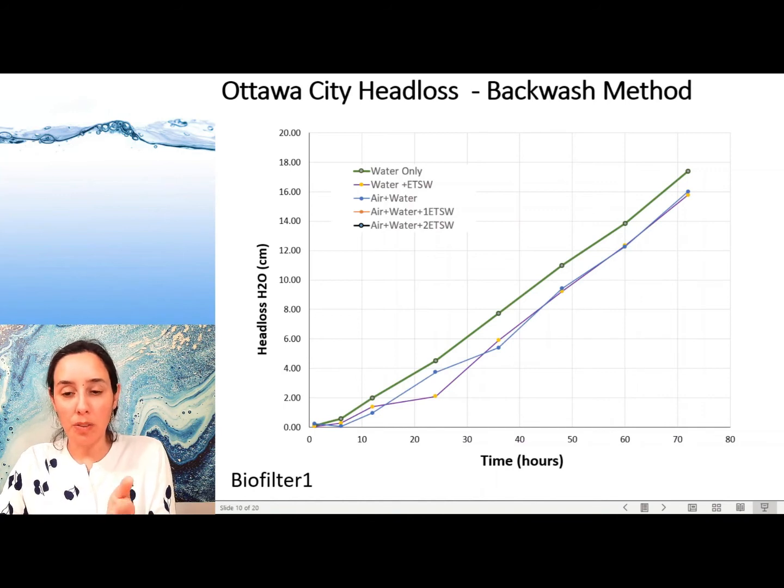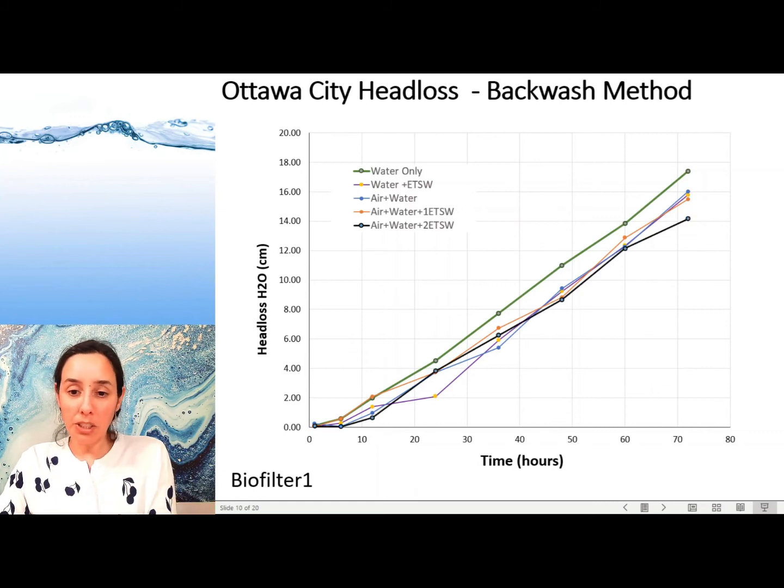And then here we've got air plus water in the system, the same removal. And again, when we have air and water and one stage of ETSW, it's the same. So any one of those is better than just doing water only.